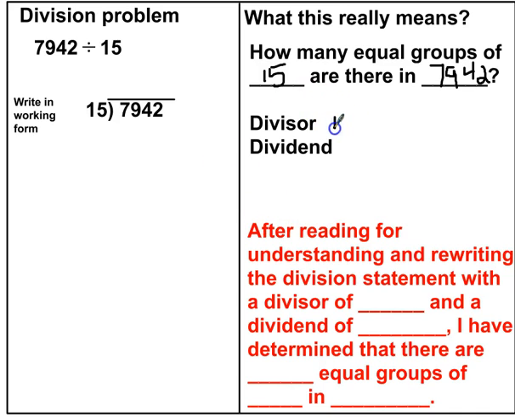You should have a divisor of 15 and a dividend of 7,942. And 15 goes into 79. That's going to go 5 times.